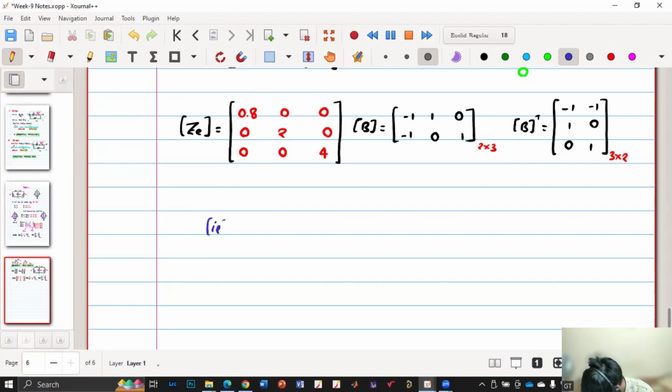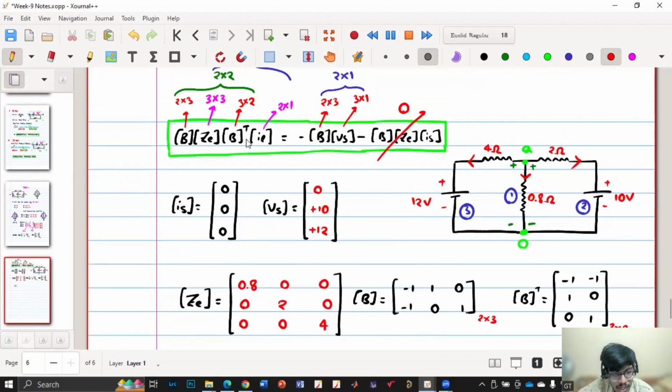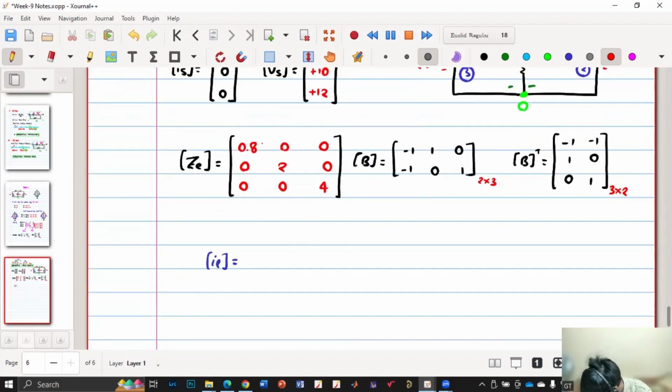Just a minute. So if I consider IL directly, my IL is equals to minus of B into Z into B transpose whole inverse into B into Vs, right? Do you agree? Whole this part into B into Vs. Do you follow?